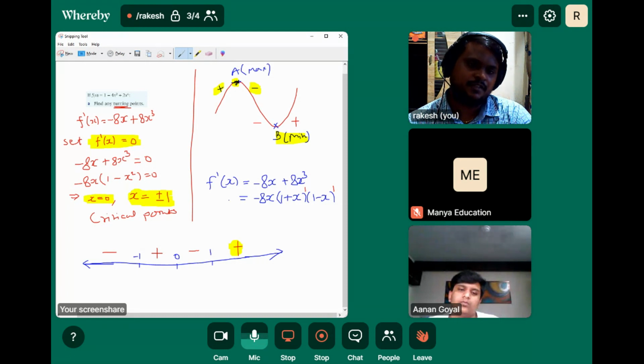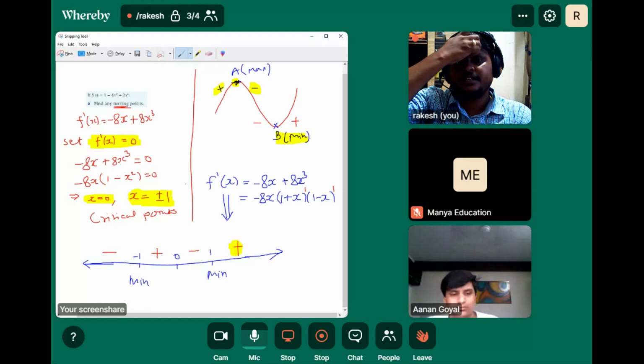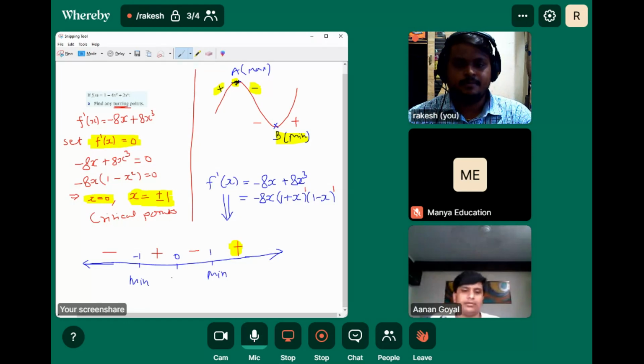See, these signs are for f dash x, remember, right? The sign changes at points minus 1 and 1. So minus 1 and 1 are minima, very good, because negative gradient to positive gradient. So these points, minus 1 and 1, are minima, and 0 is maxima, because the curve changes its nature from positive gradient to negative gradient, right?